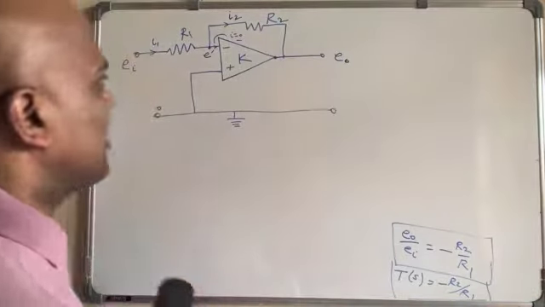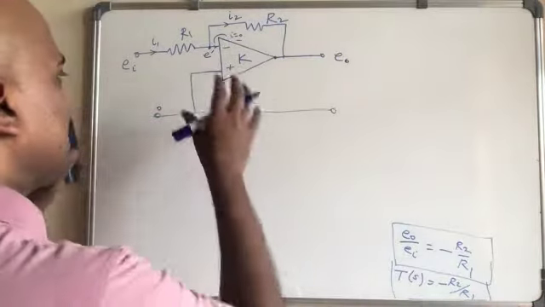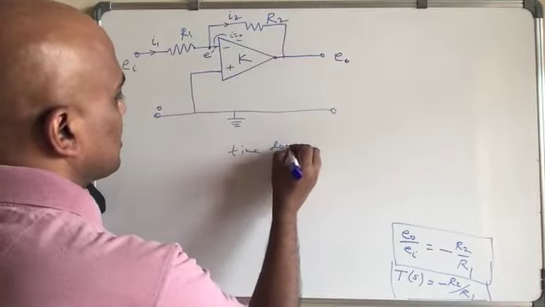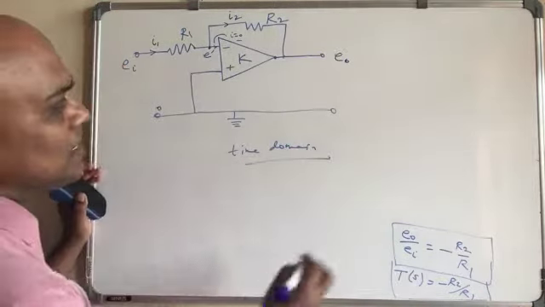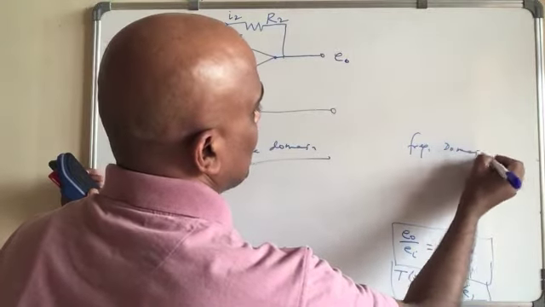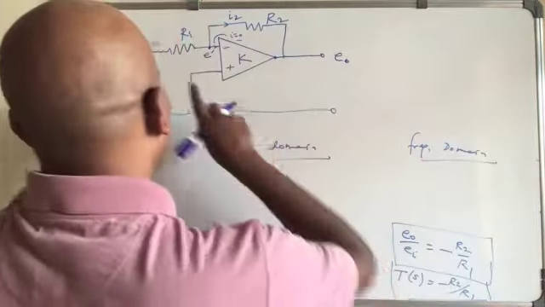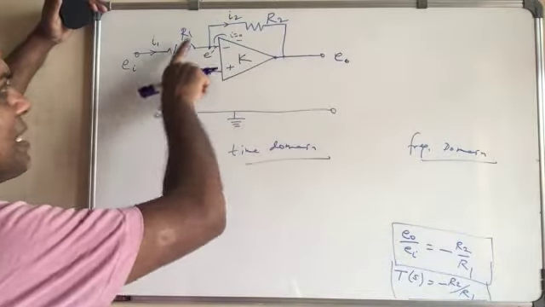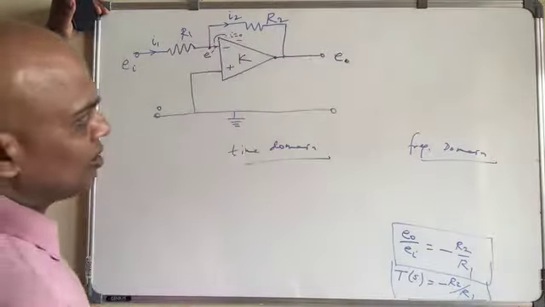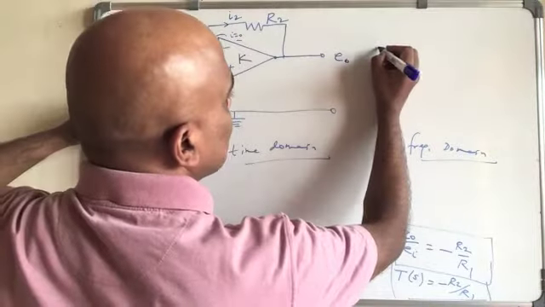So this is in time domain, and this we can convert into frequency domain. How do you do it? We'll take just the Laplace transform of everything, whatever is there. Everything will have a Laplace transform.